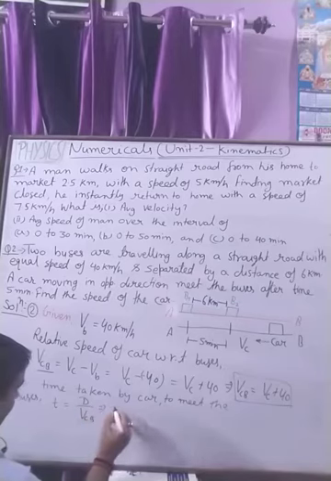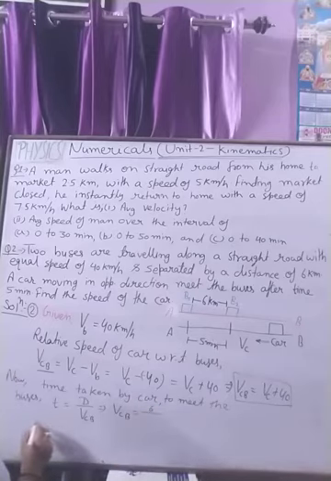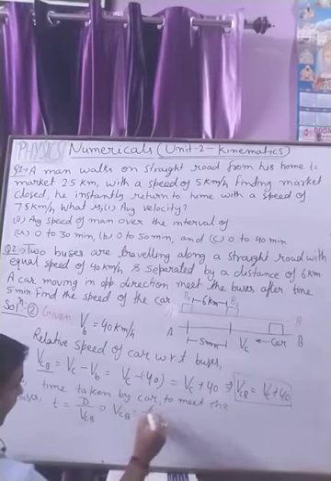So we can say VCB is equal to 6 km, and time T is 5 minutes.